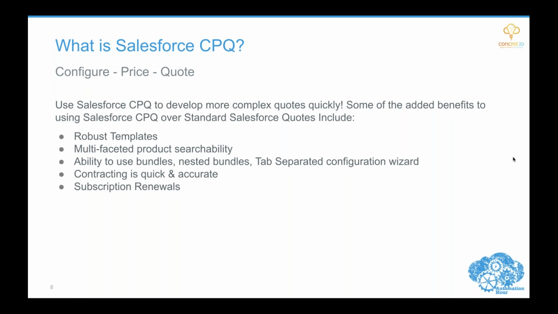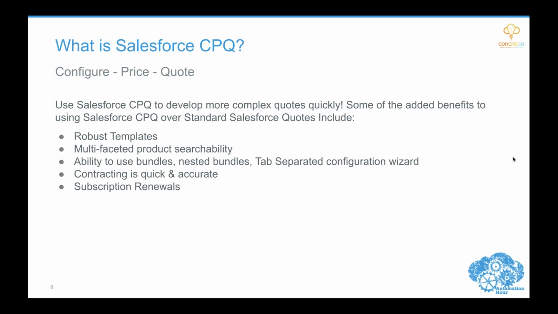Your contracting is quick and accurate. One of the examples on the live demo portion of this is going to be automatically generating that contract. There are a few areas that you can use to make sure that your contracts remain accurate. So when you're creating your first contract, you'll have all of the renewable lines that show up on that contract.